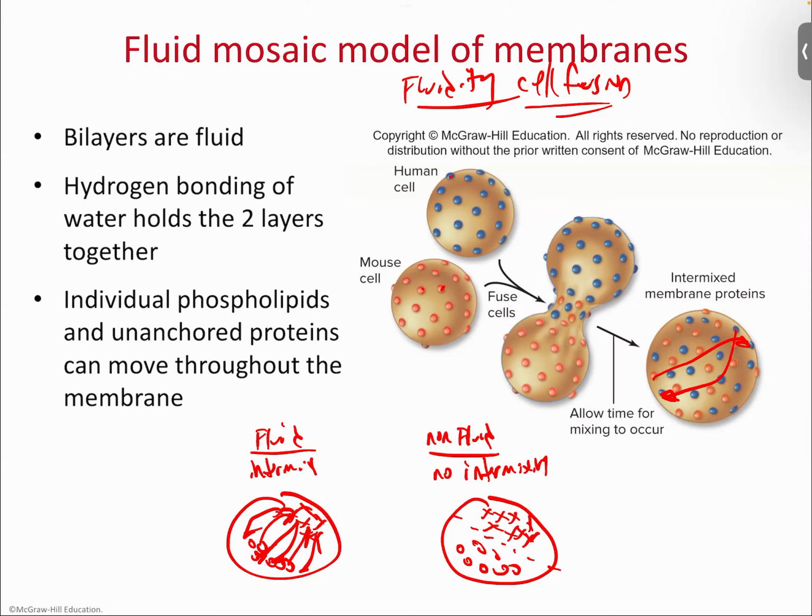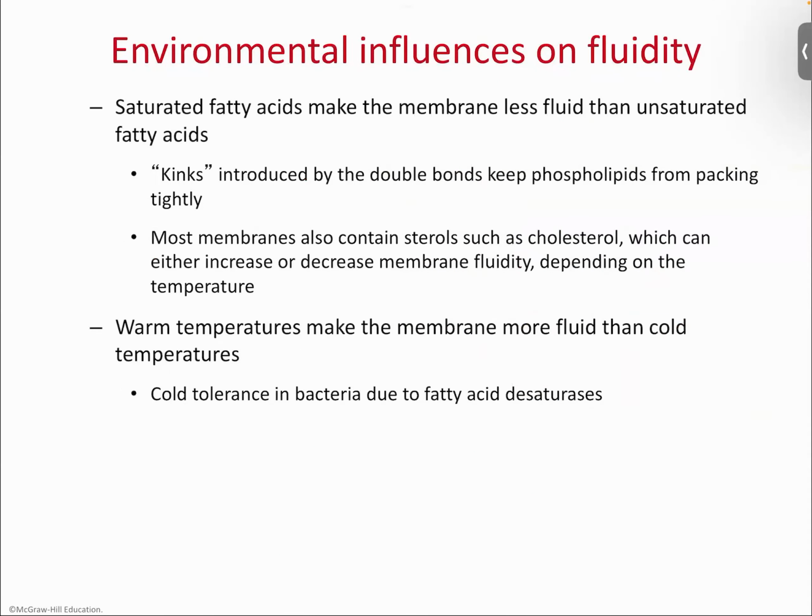Drifting is the consequence of that mixing effect of water molecules dragging and scraping along the bottom of the raft, causing the raft in very small degrees to gently move as the water underneath it is mixing around and pulling it in a particular direction. So the cell fusion experiment basically proved to us that not only is it mosaic, but it now is also fluid as well. So we do have proteins floating around in the actual membrane itself.